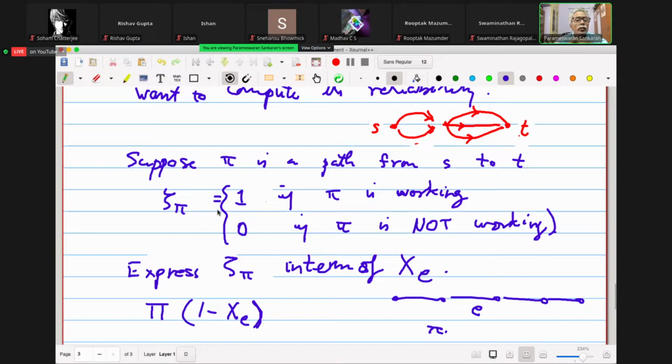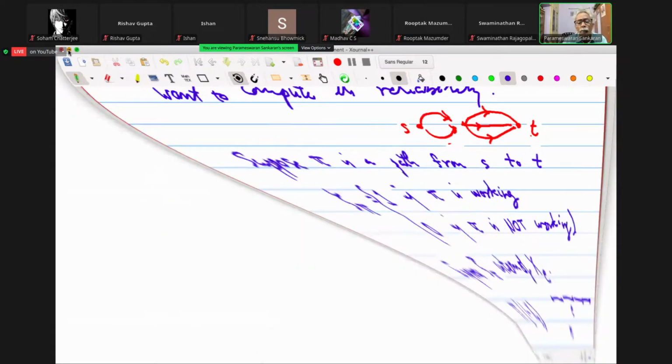So 1 minus product of all these. So if one of them, so if xe, so what is it that we want to prove? Let me copy that. Sorry, I forgot that. So 1 minus pi not working.